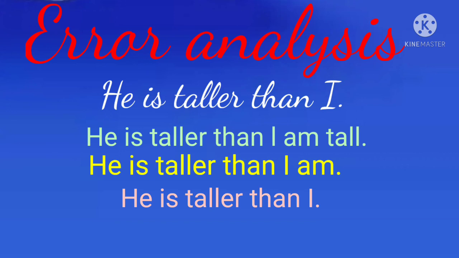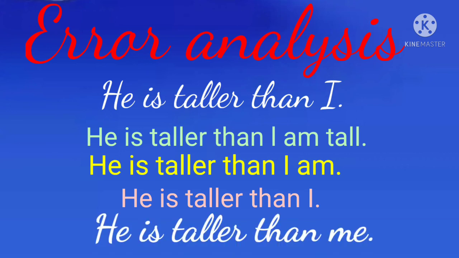Now it has become, he is taller than me, because after the conjunction than, they prefer the objective form of the personal pronoun. That is why we correct it as he is taller than me.